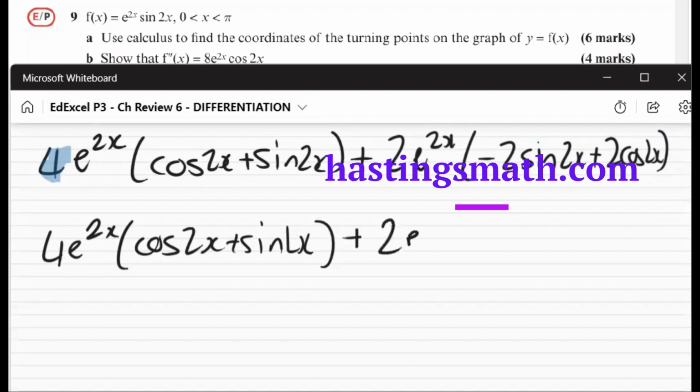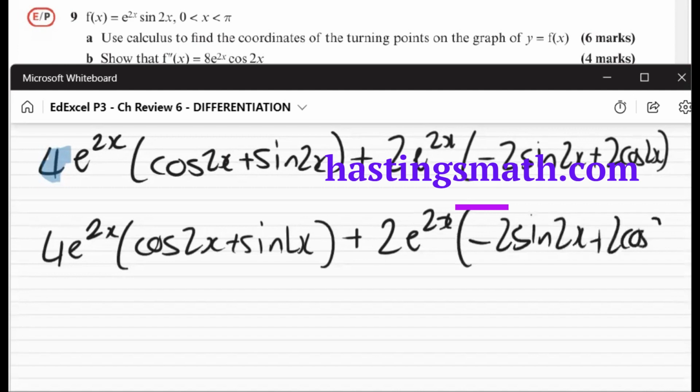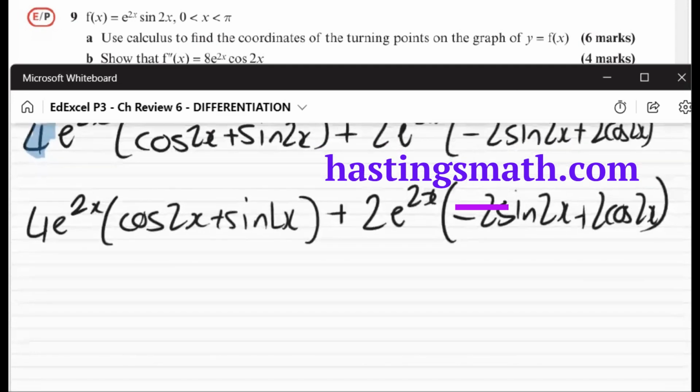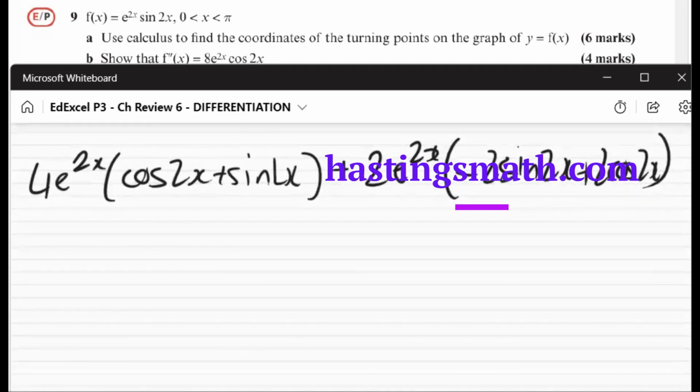Plus, yeah, that's all. I don't think there's much else we can do with that for right now. Okay. Then we just simplify this a bit. So just basically rewrote the whole thing. If we want to simplify this, there's a few ways we could do it. I'm going to try and take out a common factor of e to the power of 2x at the very least.